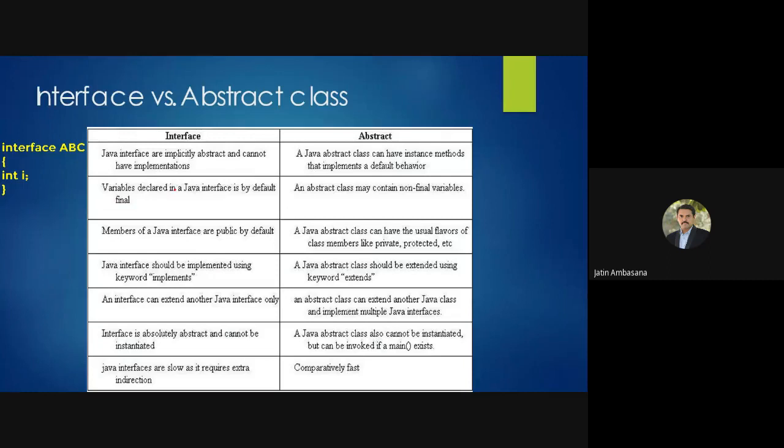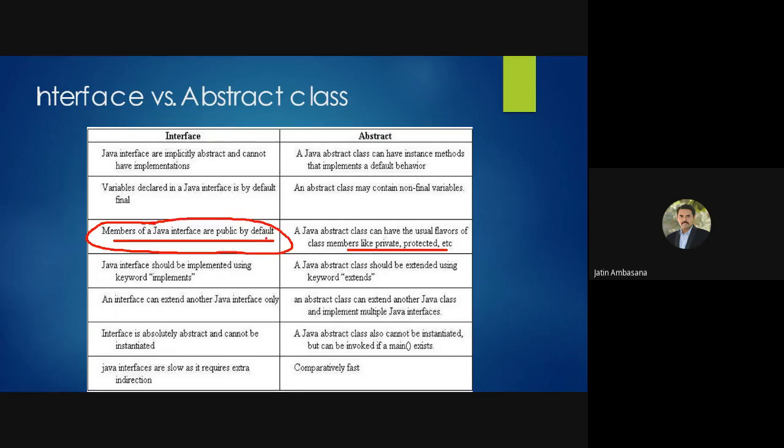All of them by default become public static final. Whereas an abstract class can contain non-final variables. There is no issue in that. Members of a Java interface are public by default, whereas members of a Java abstract class can be private, protected, default or anything. Here, all of them are public.